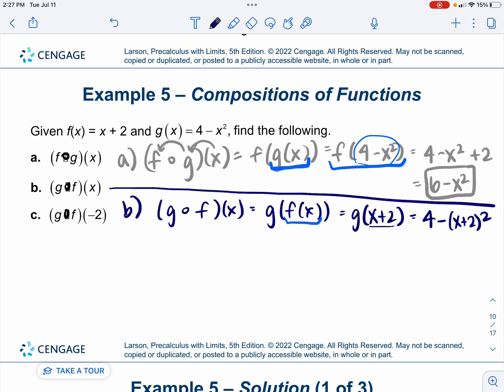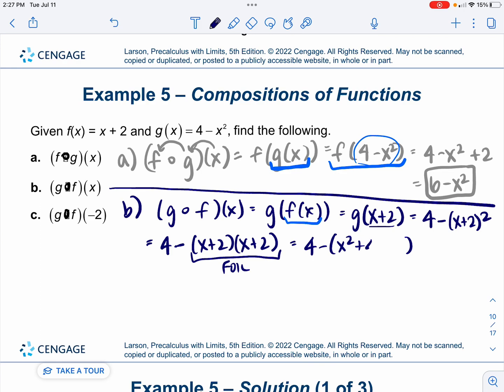All right, so then I have to simplify. Simplify is just getting rid of the parentheses and combining like terms. So I'll have 4 minus x plus 2 squared. x plus 2 squared is x plus 2 times itself. That would require a FOIL. So 4 minus, and then I'll FOIL that. x times x is x squared.